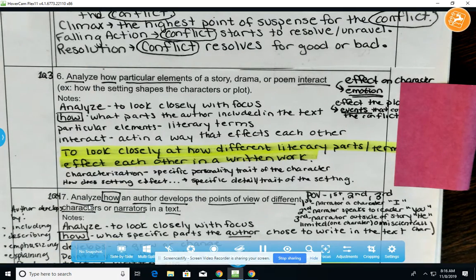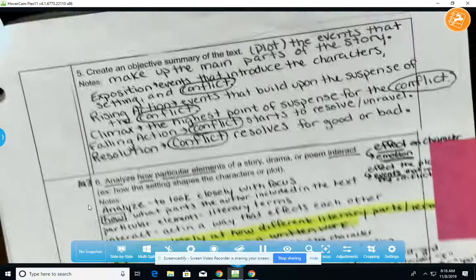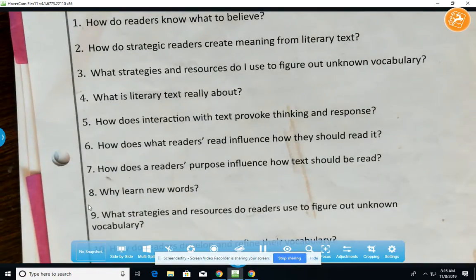In phase 2, you're looking at how the rhyme scheme interacts with the mood. In phase 3, you're looking at how the figurative language use interacts with the theme or message of the piece. So figure out how those interactions work and the effect that it might have on the piece as a whole. So go ahead and get working on this close reading of the poem.